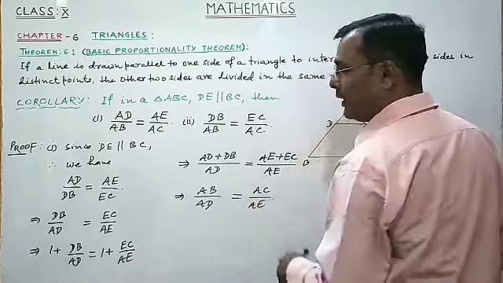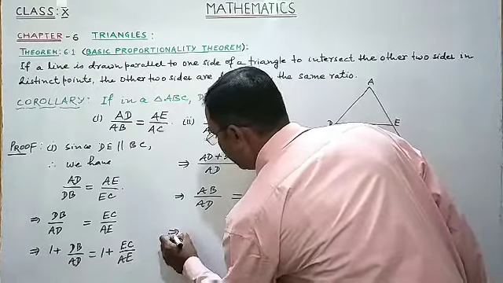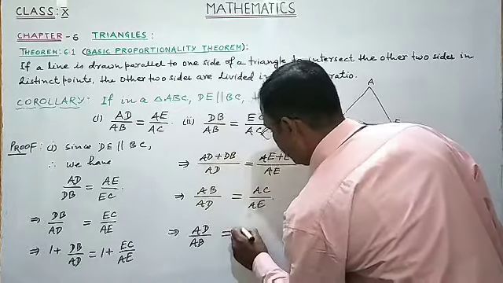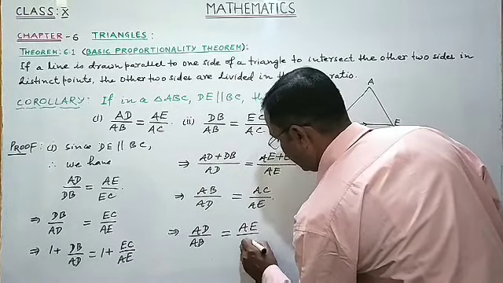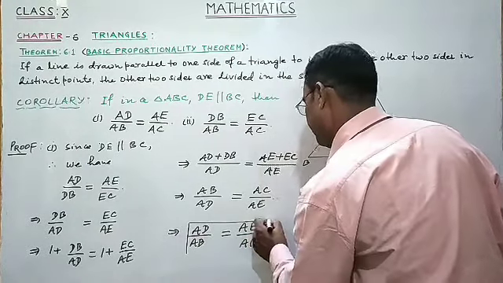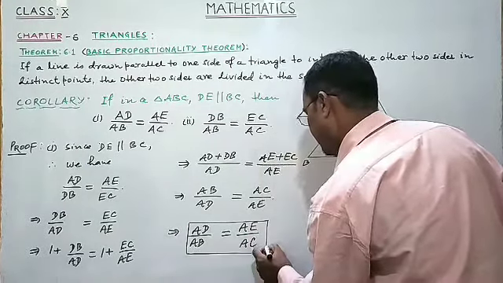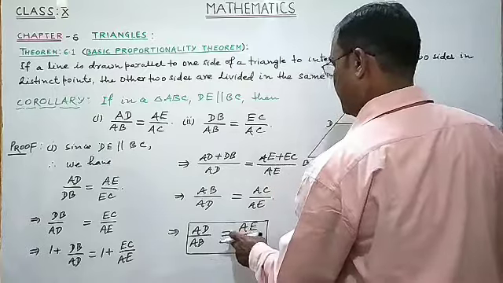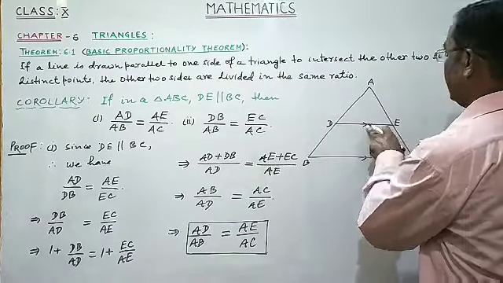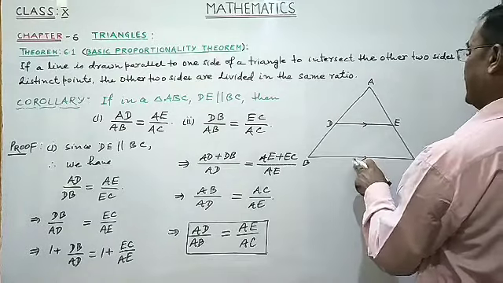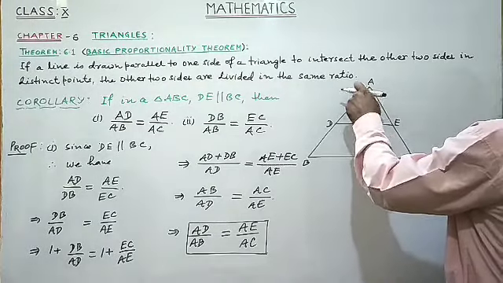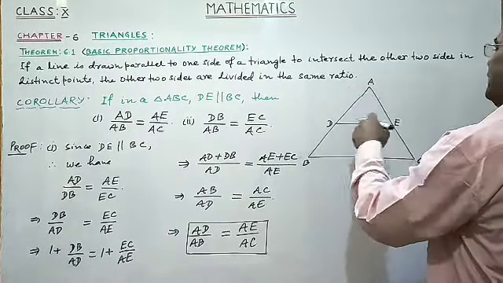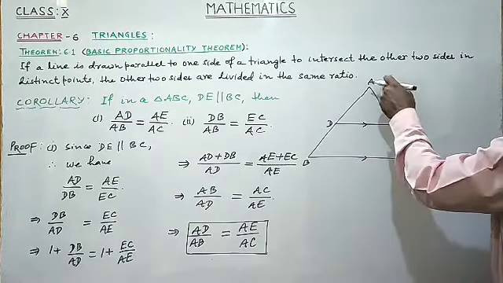Now again applying invertendo, we have AD by AB is equal to AE by AC, and this way, using basic proportionality theorem, we have proved this result, that if DE is a line parallel to BC, one side of the triangle, then the other two sides are divided like AD by AB equal to AE by AC.